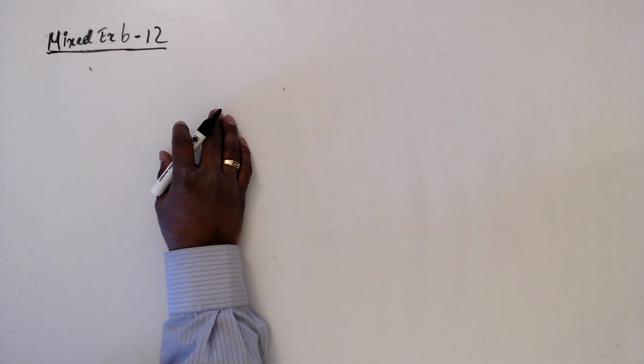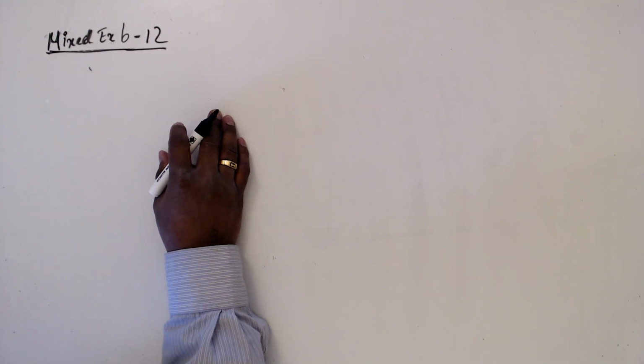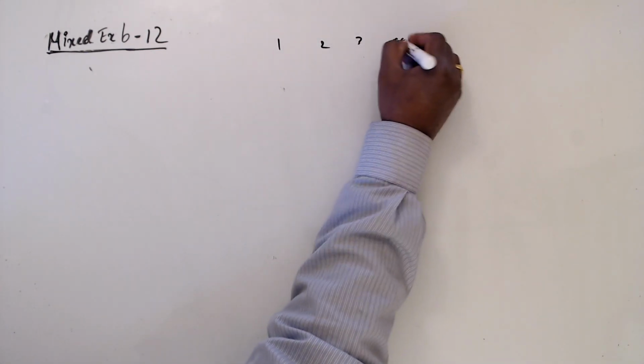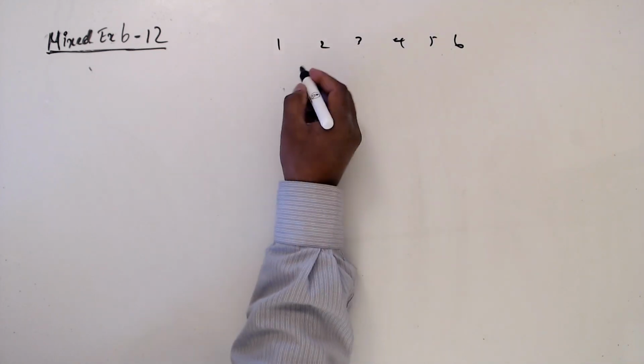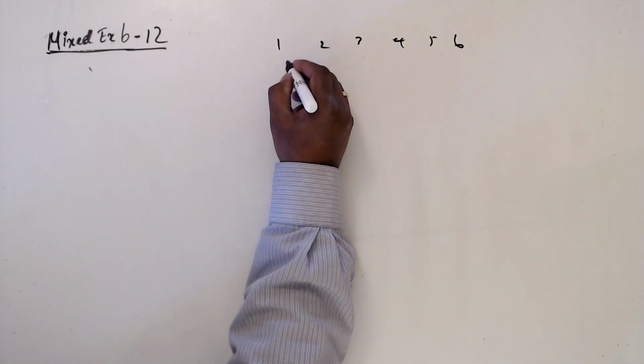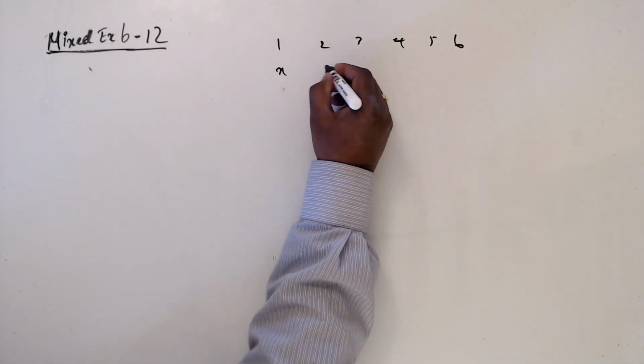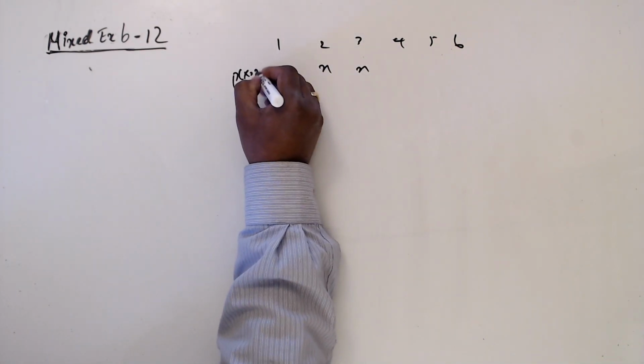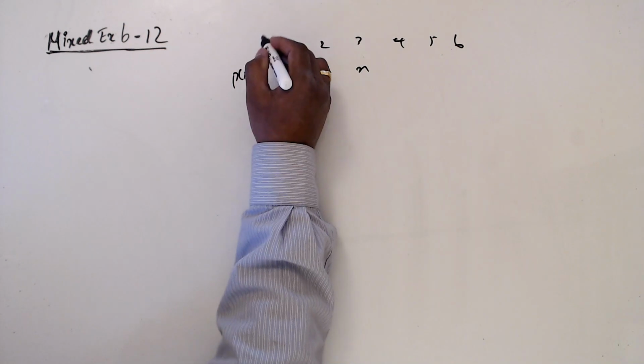Question number 12, it is a biased die. Six is twice as likely to appear as any other number. So 1, 2, 3, 4, 5, 6. Let's say this is x, probability of getting x.